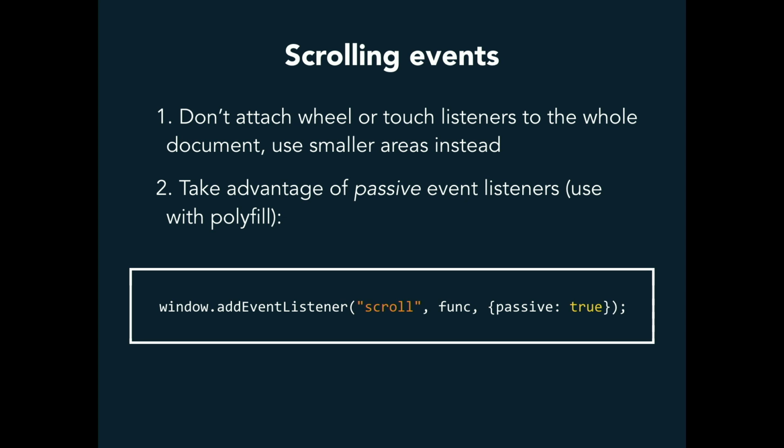Why do that? What does it give us? By default, if we have some event listener for touch or wheel, the browser is at all times anticipating that we might call preventDefault. So the user is scrolling, our event is fired, and the browser is like, will it prevent default, will it prevent default?